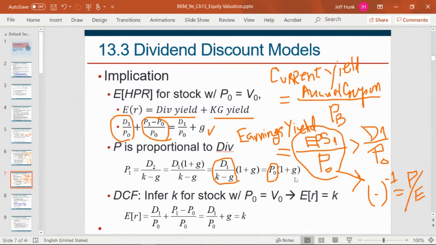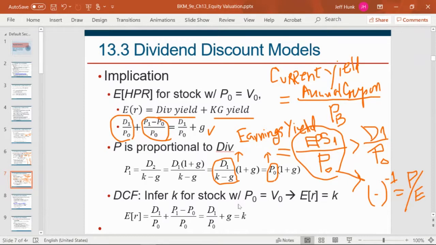As the expected dividend at time 1 goes up, the price would have to go up, because whatever goes up in the numerator will pull up the entire fraction, right?